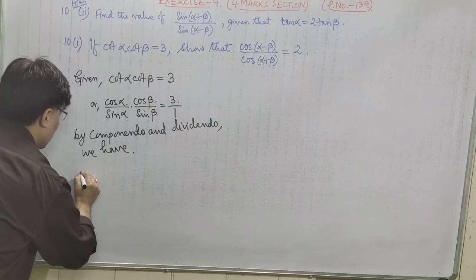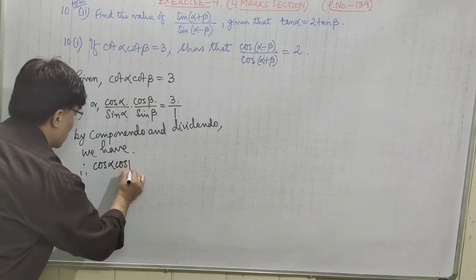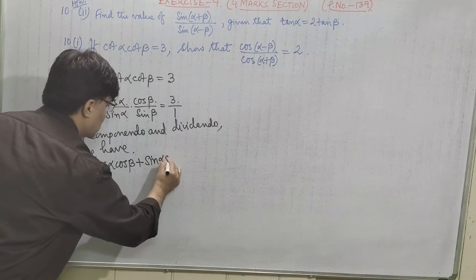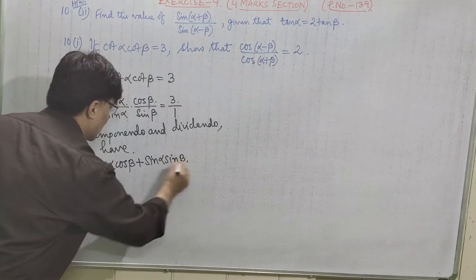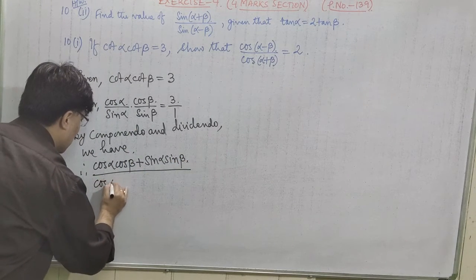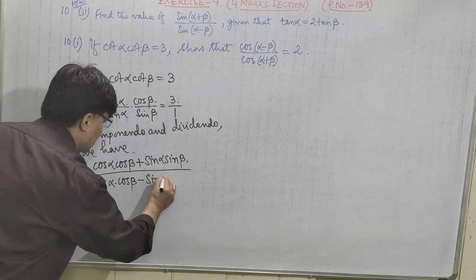That is, therefore, numerator plus denominator. What is numerator here? Cos alpha cos beta plus what is denominator? It is sine alpha sine beta divided by numerator minus denominator. That is cos alpha cos beta minus what is denominator?